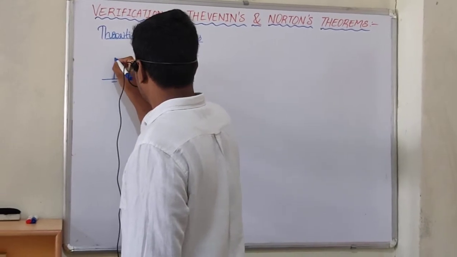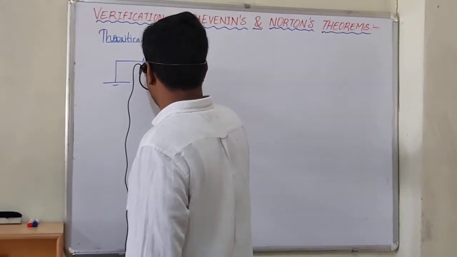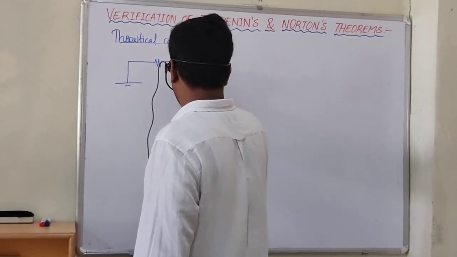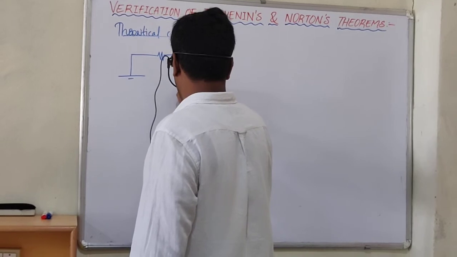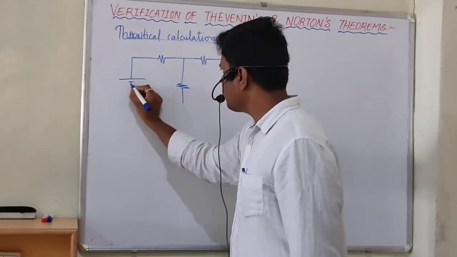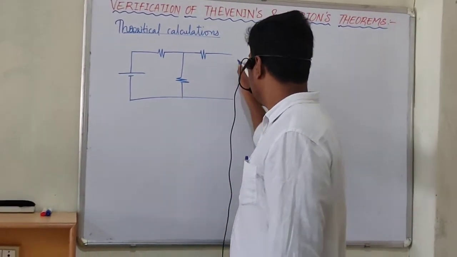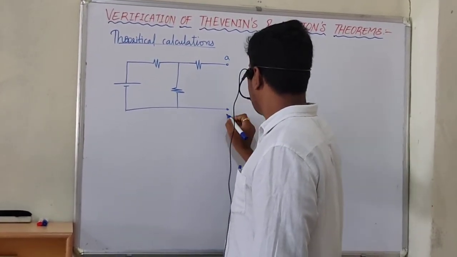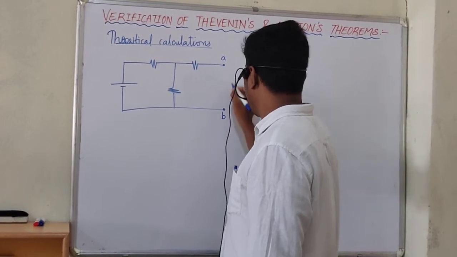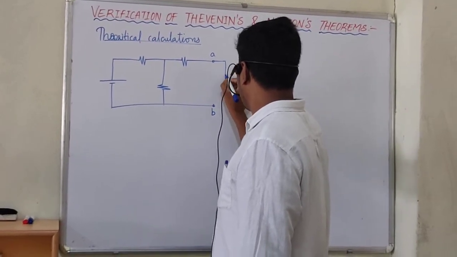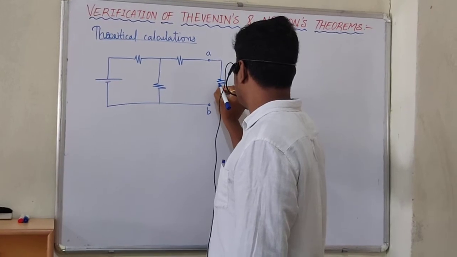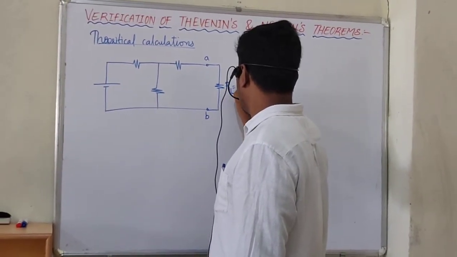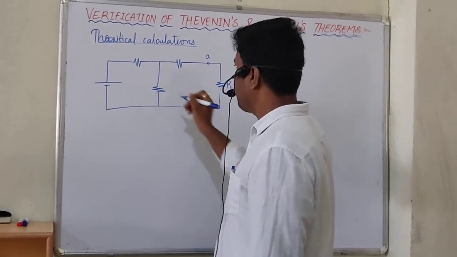Let me take a source and a resistor and one more resistor, and here one more resistor. Here we have 2 points. Let's specify them as A and B, and here load resistor RL is connected. Let's take load resistance value as 1 kilo ohm.